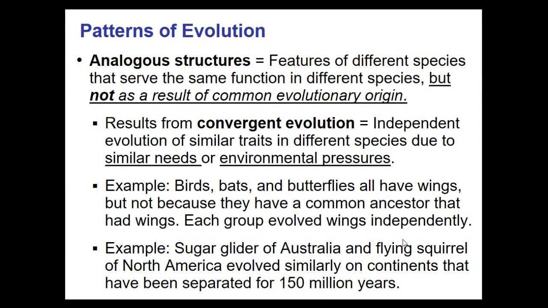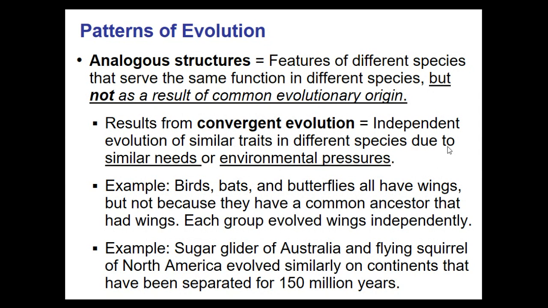Analogous structures are features in different species that look similar or have the same function, but not because they were inherited from a common ancestor that had them; they just evolved independently in the different species.